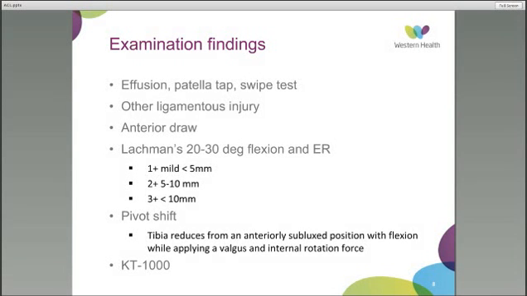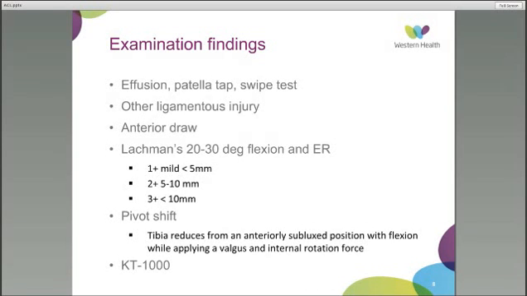Pivot shift is described a number of ways in the literature, but essentially is with the knee extended and applying a valgus and internal rotation force on the tibia. With knee flexion, the iliotibial band reduces the tibia from a subluxed position anteriorly.